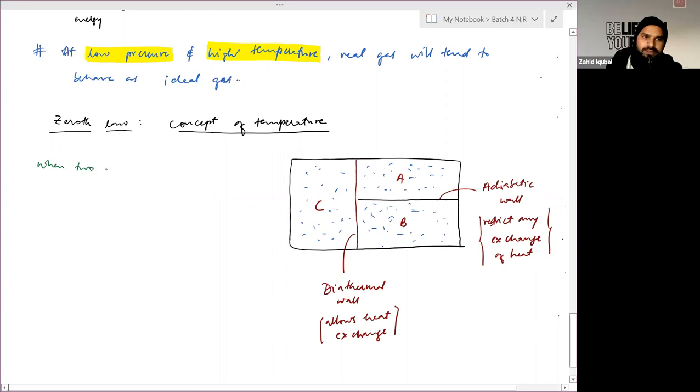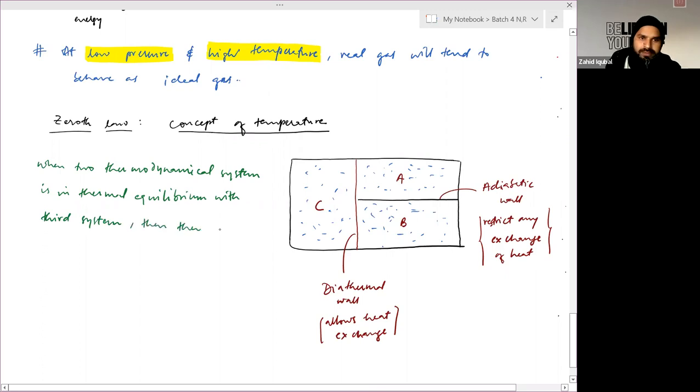So we can say when two thermodynamical systems are in thermal equilibrium with a third system, then they must be in equilibrium with one another.